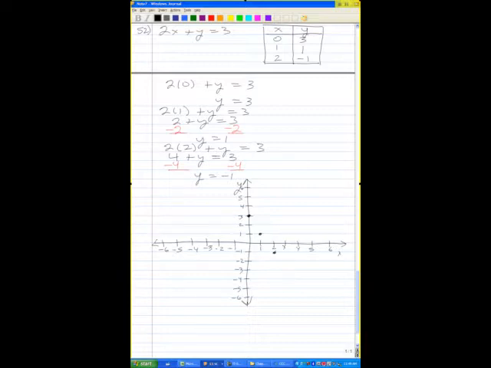And now let's try to draw a line passing through those, as best I can. Okay, good. So this is the graph of 2x plus y equals 3.